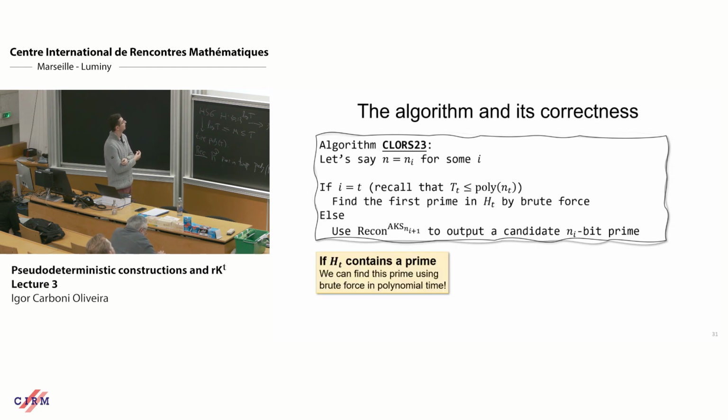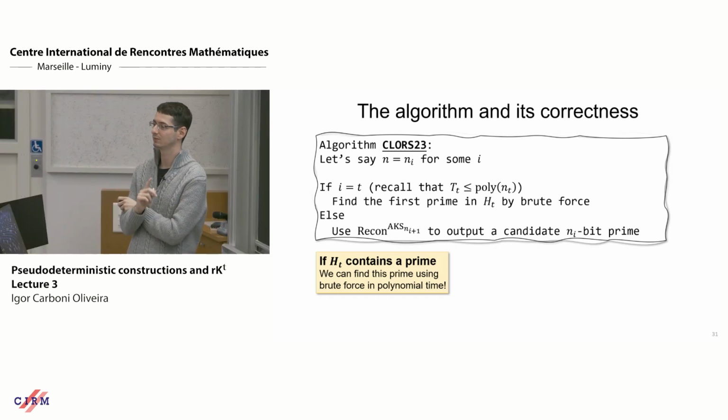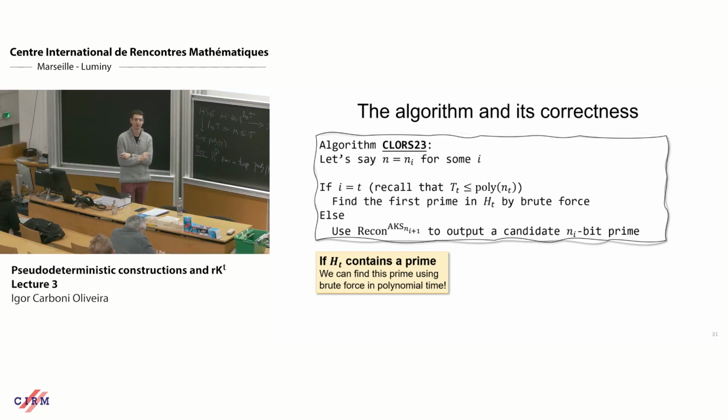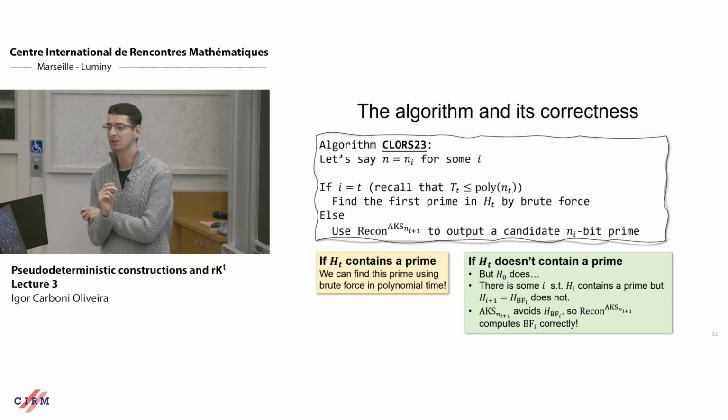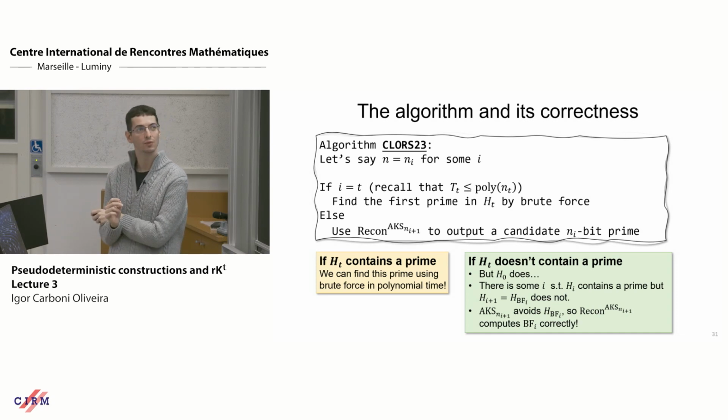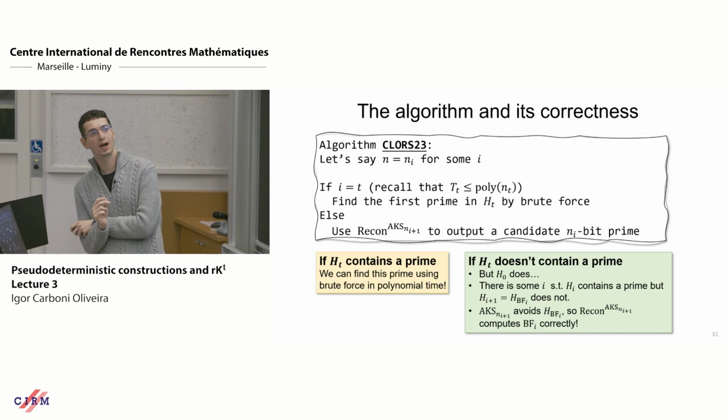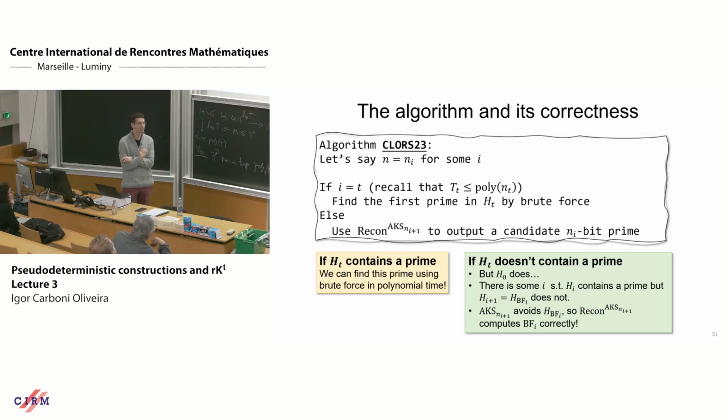Okay, so let's first look at the case where the final hitting set contains a prime. Then in the final input length, we find this prime. Now, if the final hitting set doesn't contain a prime, because the initial hitting set does contain a prime, it's the set of all strings of length n0, then there must be some stage i where h_i contains a prime, but the next hitting set does not contain a prime.